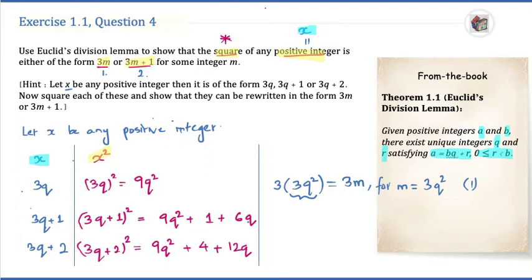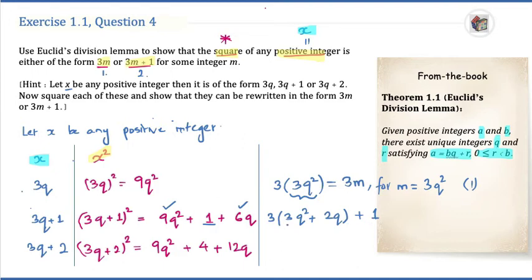This looks a little more complicated, but if you just look at it very carefully, just ignore the plus 1 for a while and look at these two here, 9q squared plus 6q. If you write a 3 outside, if you take 3 common from these, you will be able to write this as 3(3q squared plus 2q), and then keep the plus 1 that you had kept safe outside.